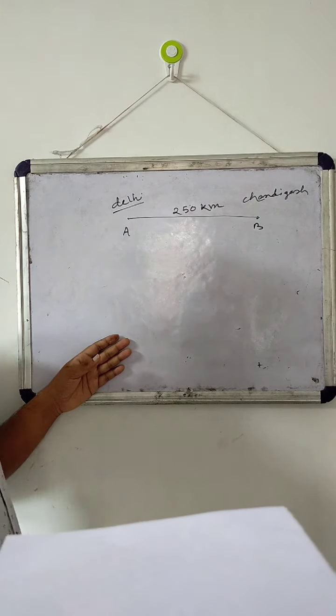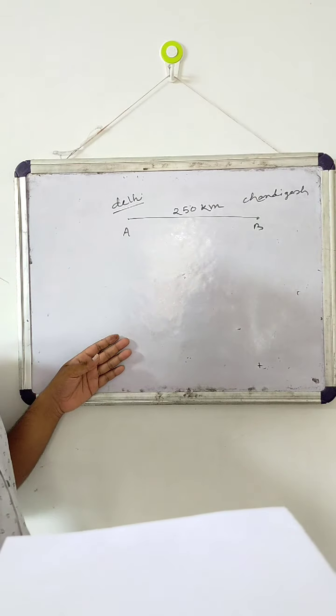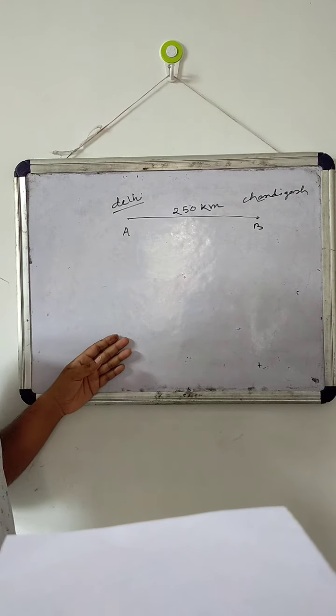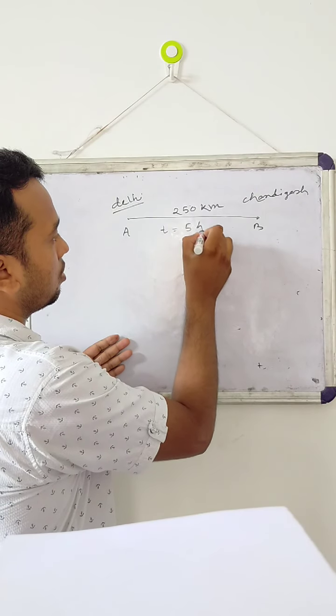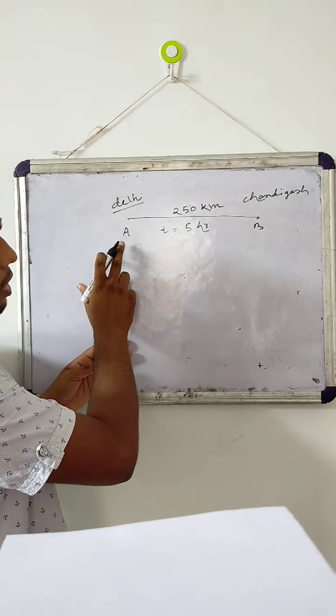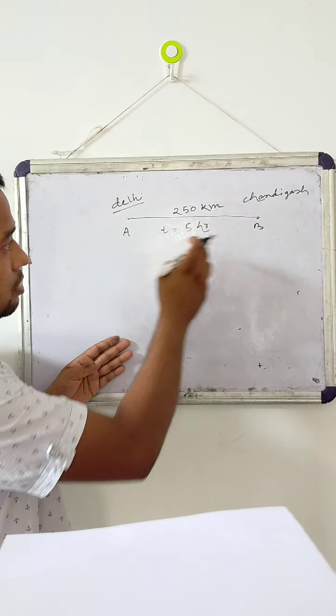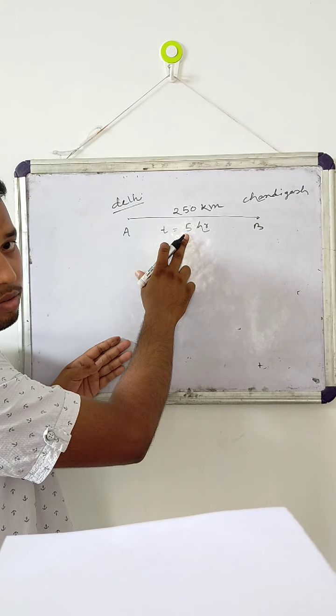A bus starts from Delhi and reaches Chandigarh in 5 hours. So time is 5 hours.